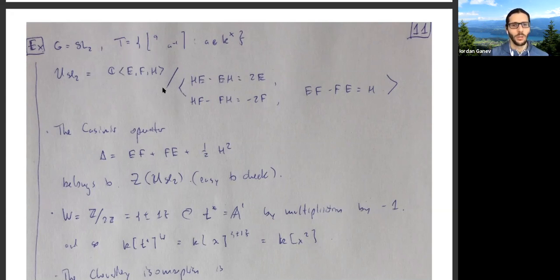The relations are given by the relations in SL2, except there we had the commutator in the Lie algebra. Here we have this commutator in this free associative algebra generated by these things, but the relations are in some sense the same. And inside the universal enveloping algebra, we have this element, the Casimir operator.